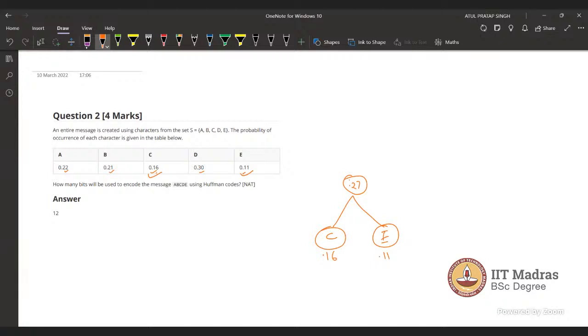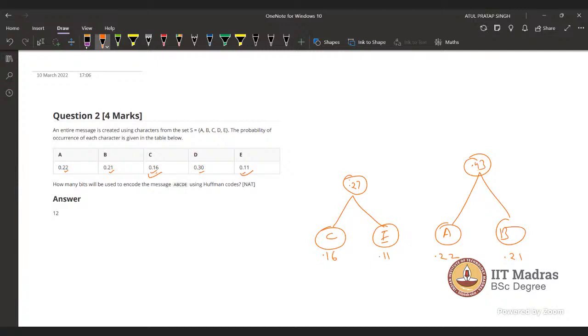The smallest two are 22 and 21, A and B. So 0.22 and 0.21 create a new part, which becomes 0.43.